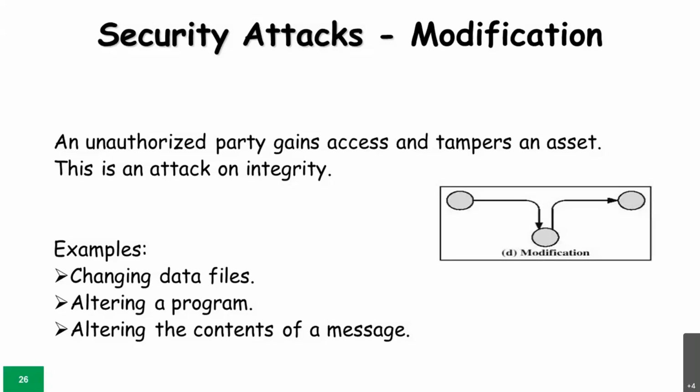So data has been modified here. The actual data which should have been received by the receiver was not received. Examples of modification: changing data files, altering a program, altering the content of a message.